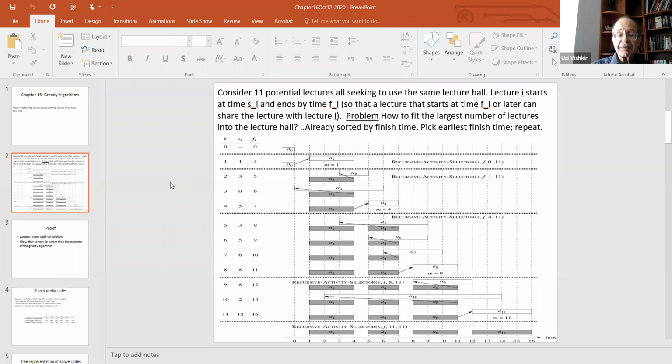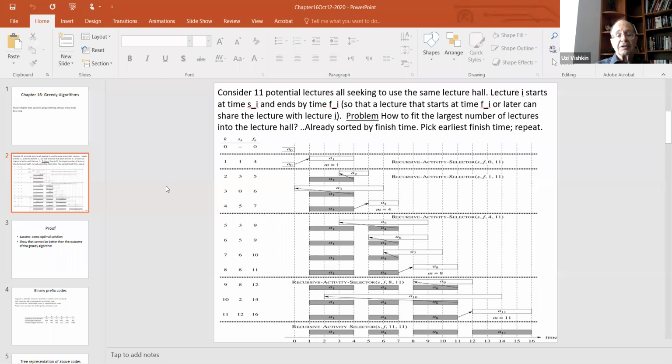So how are we going to solve it? So the first step, which is already shown here as if it was already done, but you should not be confused by the fact that it is already done for you, is that we take all the lectures and we sort them by their finish time. So observe that the finish times are increasing as you go up.